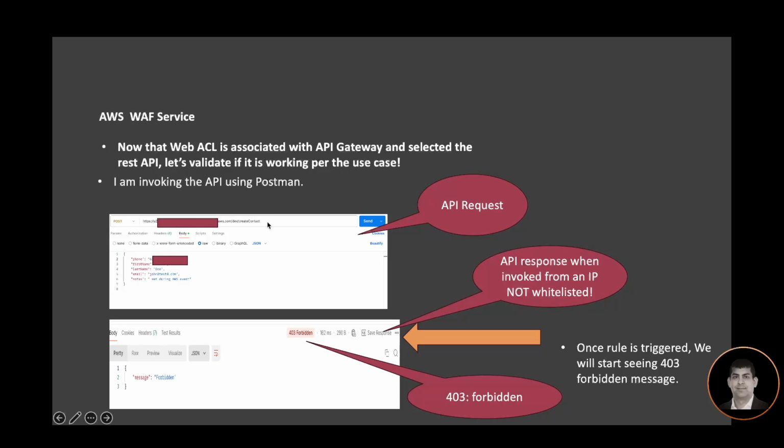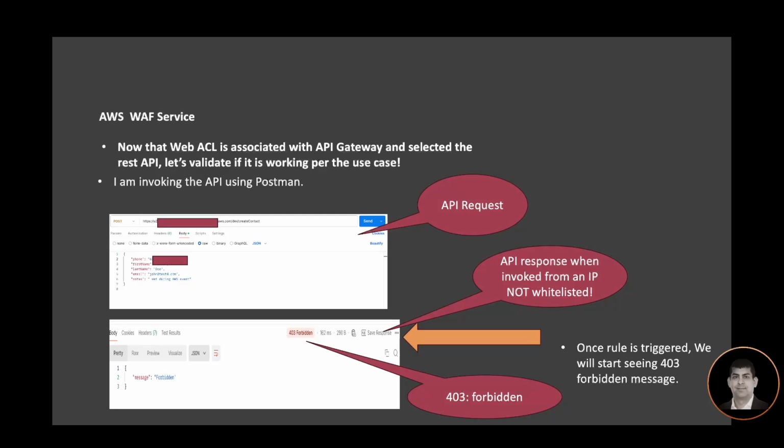And this is my endpoint, this is my request, and if you see the response, it is 403, and this is basically the response that I will see if I'm invoking it from an IP that is not whitelisted. So that's the goal, that we should get a 403 forbidden, and that's what my validation is telling me, that I can't access it, it's forbidden.